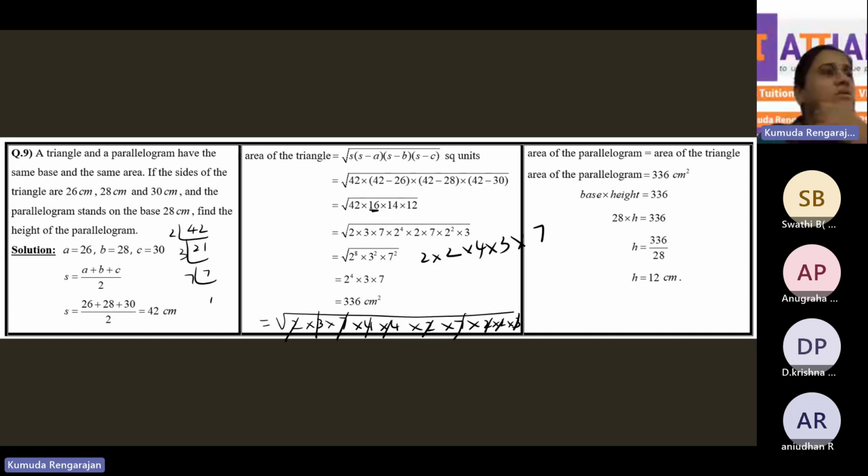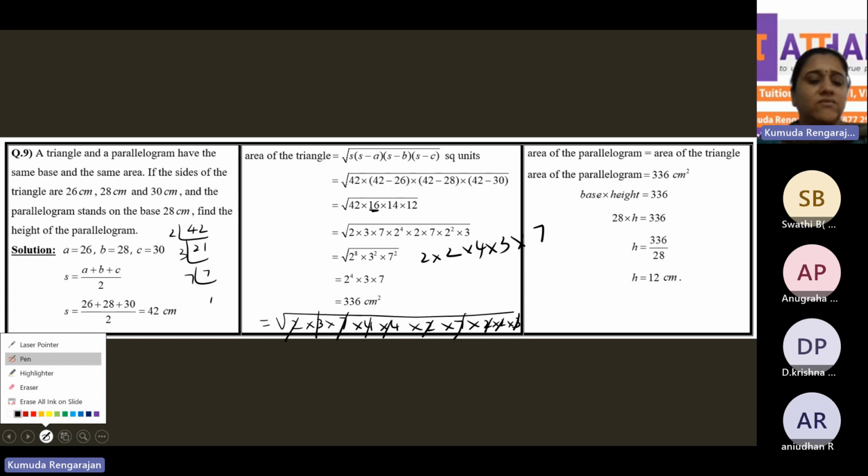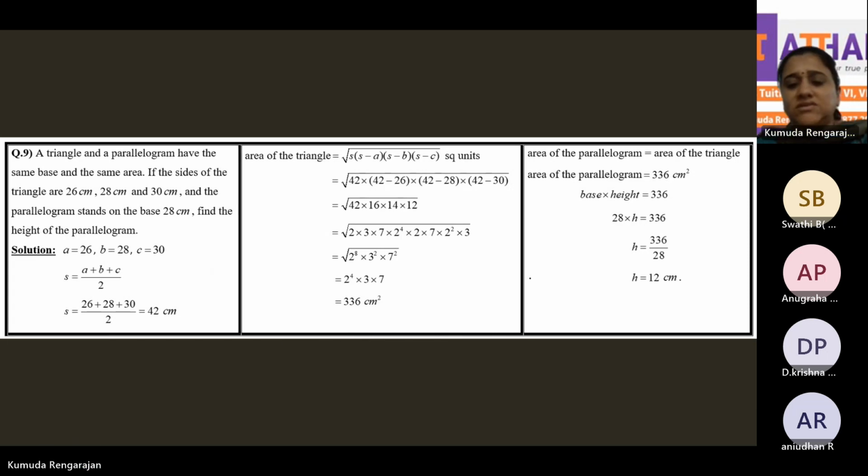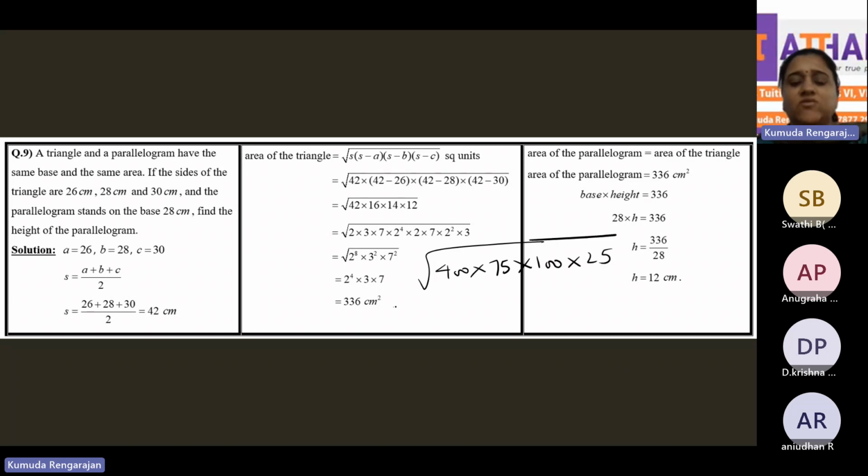Arigamai, what's your doubt? Oh, now you understood? Yes, girls. I told you, supposing you have numbers like 400 into something like 75 into 100 into 25, then I said you can write 400 as 100 into 4, because there's 100 here and there's 400 here.